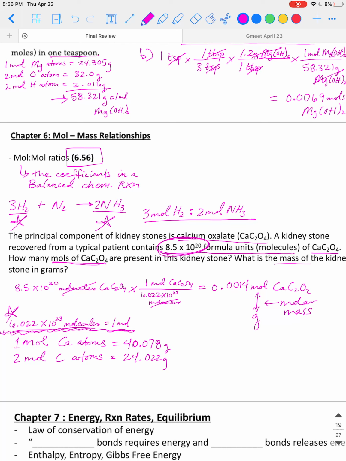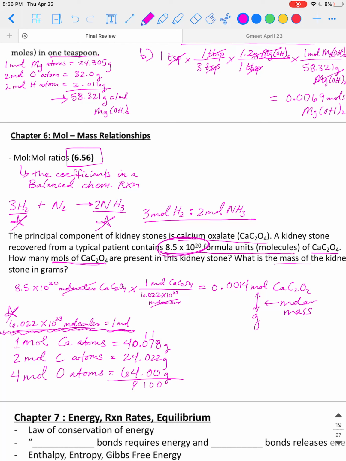We also have 2 moles carbon atoms. That weighs, we'll do 12.011 times 2, so 24.022. And then we have 4 moles of oxygen atoms. So we do 16 times 4 is 64. We add all of this up.